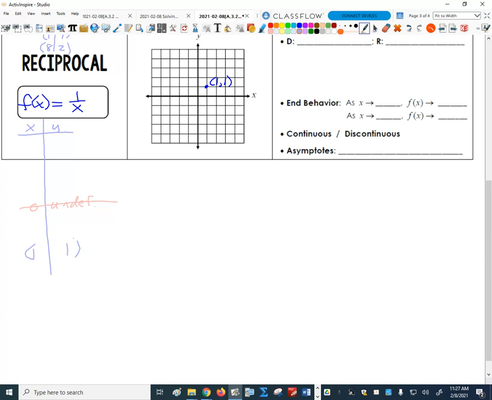What about some other points? What if I input 100? What's the reciprocal of 100? If I input an x value of 100, what's my output?